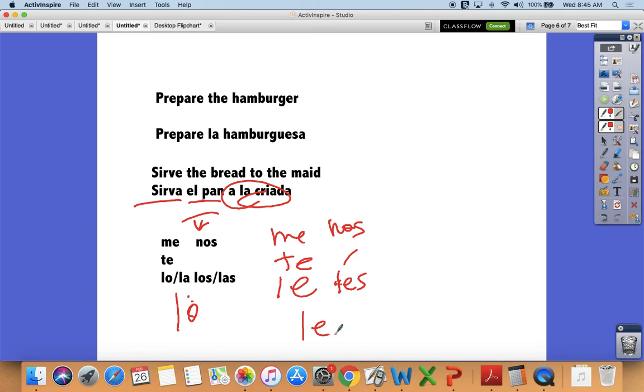All right. What's the saying I told you to memorize? Indirect before direct. There's no reflexive verbs here, so you don't have to worry about it. So, sirva is the command. Indirect before direct. Le. Lo. Oh, we have two L's going on. So, sírvaselo. Where do I put the accent?